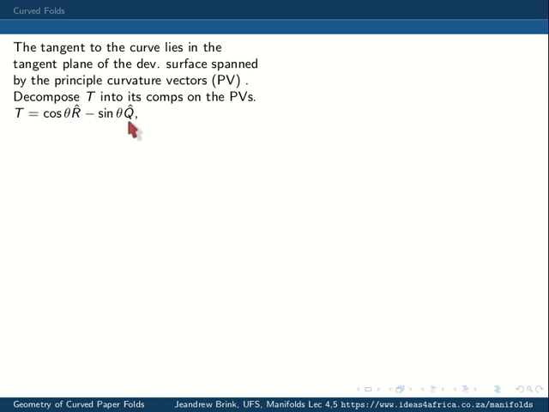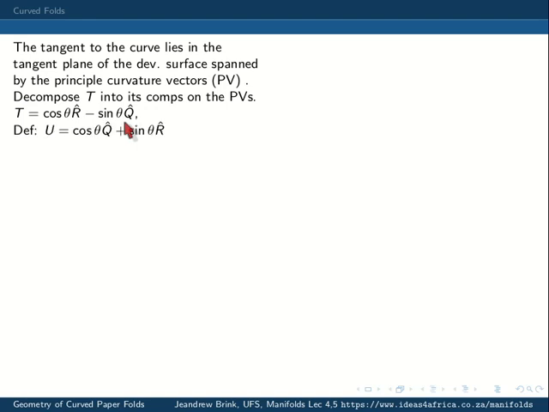T dot Q is just minus sine theta, and T dot P is 0, because P is normal to the surface. So we've now got an expression for T in terms of Q and R.